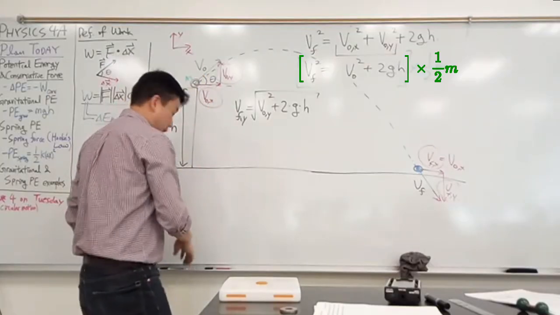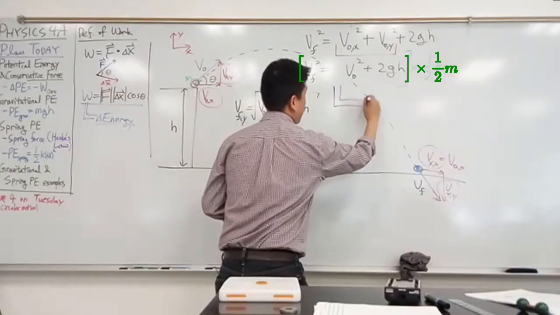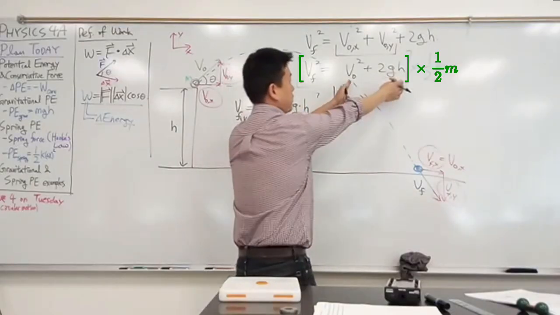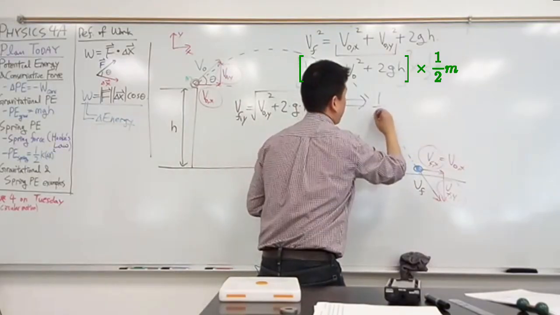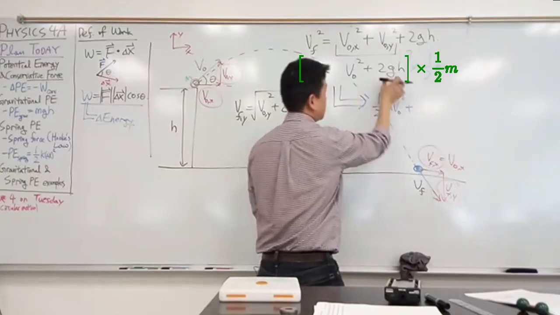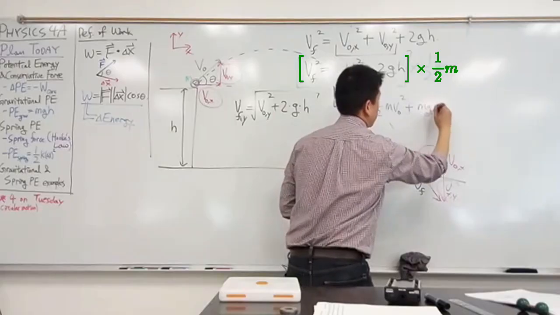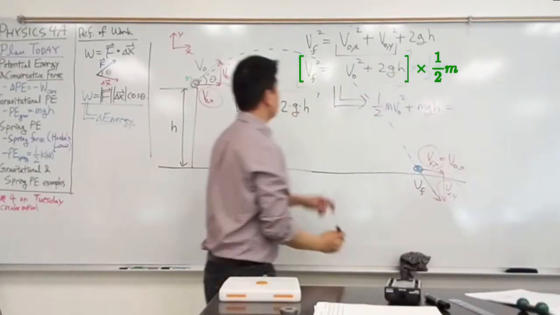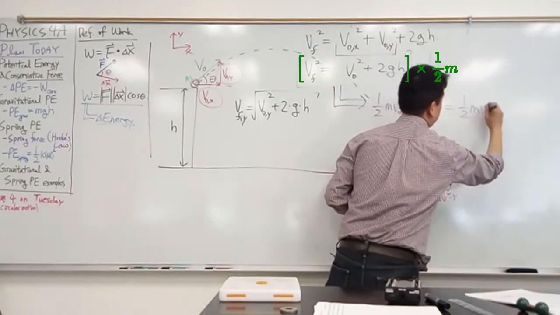When I do that, this is what you end up with. Let me put this on the left-hand side: 1/2 m v naught squared plus 1/2 times 2, so 1 m g h, is equal to 1/2 m v final squared.